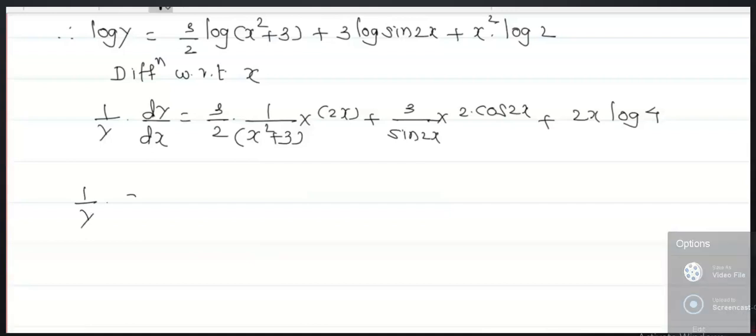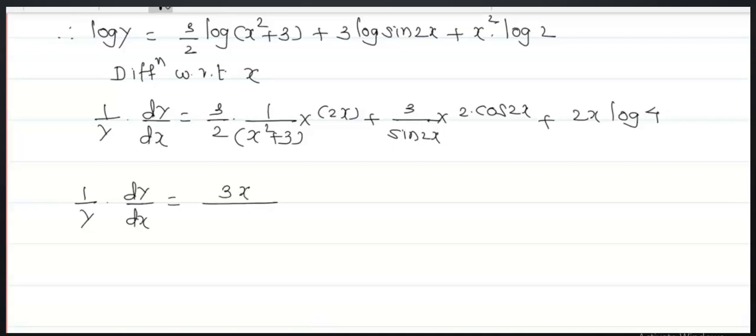Now the simplification. 1 upon y into dy by dx is equal to 3x upon x square plus 3 plus 6 cos of 2x upon sine of 2x, that is 6 cot of 2x, plus 2x into log of 2, sorry.